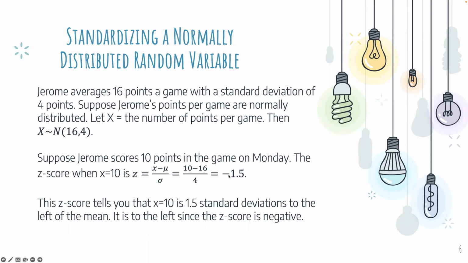That's the same as negative 1.5. So this means that 10 is 1.5 standard deviations to the left of the mean 16, and it's to the left since the Z-score is negative.